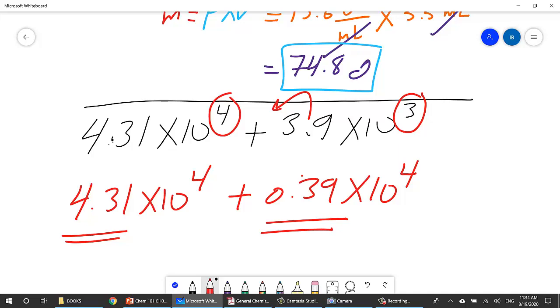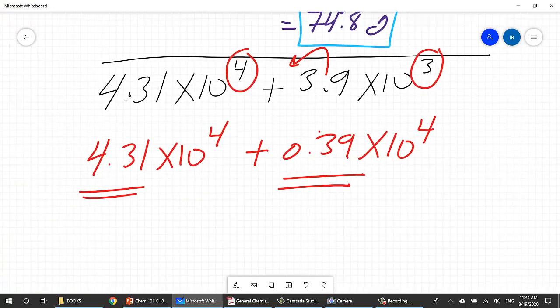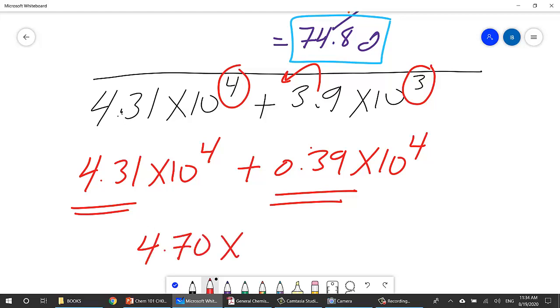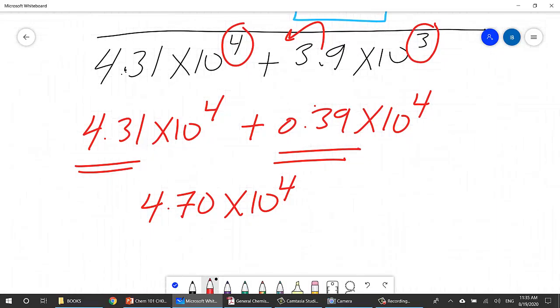So 4.31 plus 0.39 would be 4.70 times 10 to the power 4. There is a rule that says how many significant figures you can put here. We're going to come to this rule later, but now let's focus on unifying the exponents.